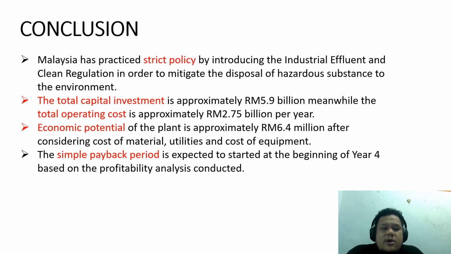Meanwhile, the total operating cost is approximately 2.75 billion ringgit per year, and the economic potential of the plant is approximately 6.4 million ringgit after considering cost of material, utilities, and the equipment costs. And last but not least, the simple payback period is expected to start at the beginning of year 4 based on the profitability analysis conducted.